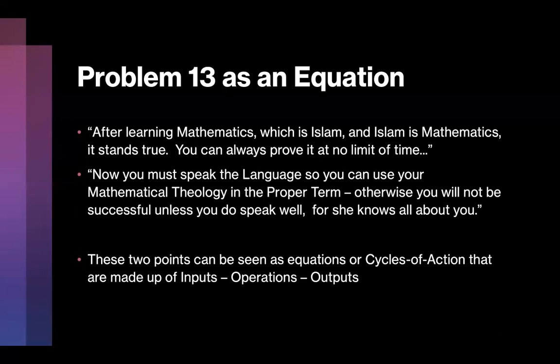contained in this are 2 interesting points that we can use to marry with the tech. In this, we're going to find what's called a cycle of action, which mathematically involves 3 keys: inputs, operations, and outputs.